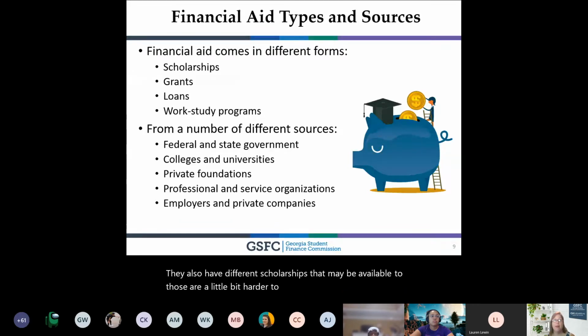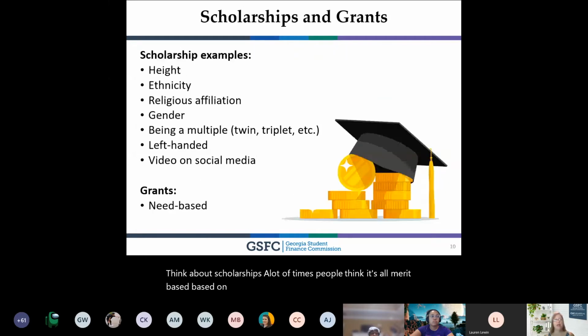A lot of times people think scholarships are all merit-based, based on GPA, and sometimes they are, but not always. You can find scholarships for multiple things: height, ethnicity, religious affiliation, gender, being a multiple, being left-handed. Sometimes it's just posting something on social media.